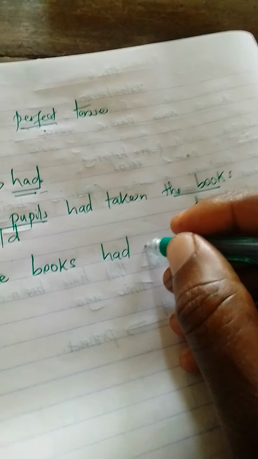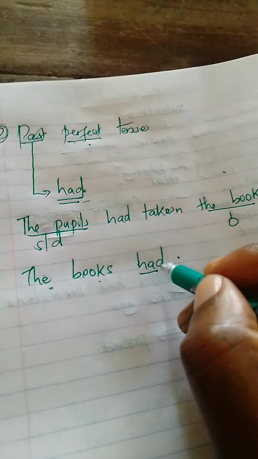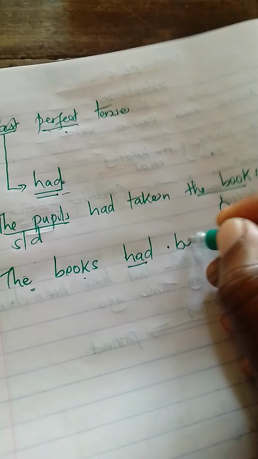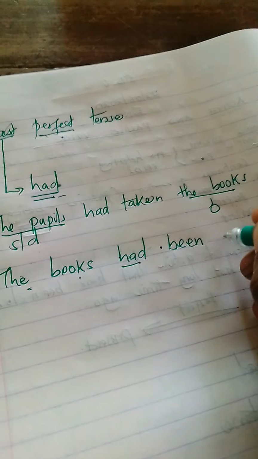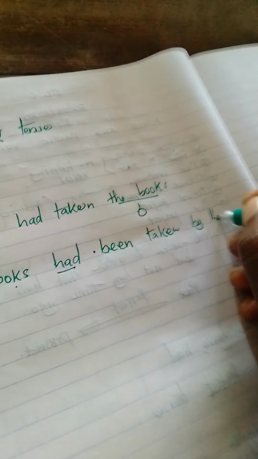The only problem comes in when it is a present perfect. For a present, if it is the books, it takes have. If it is the book, it takes has. But in past perfect, you maintain the verb in both singular and plural so that it becomes the books had. Remember our special word been. Taken by the pupils.